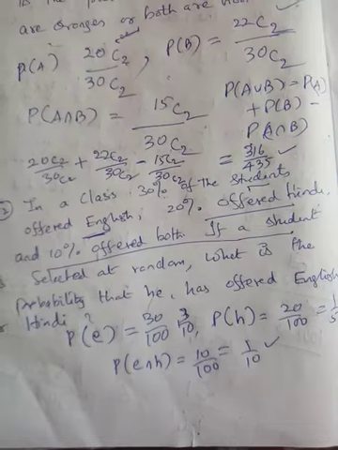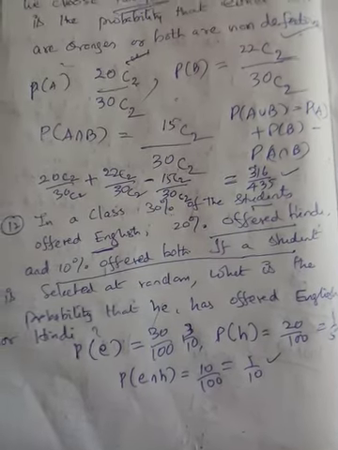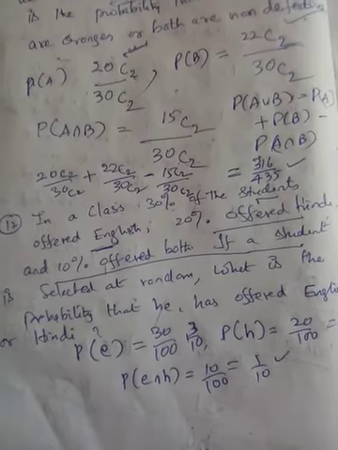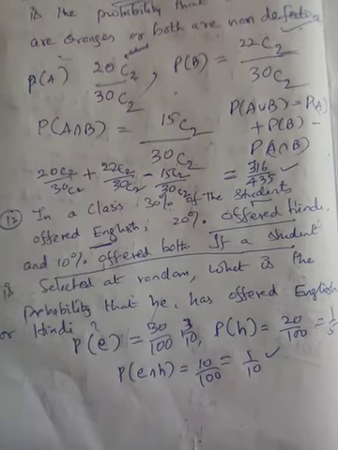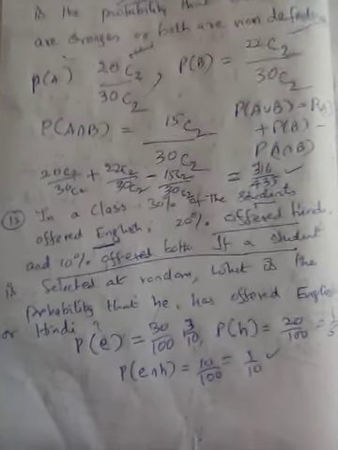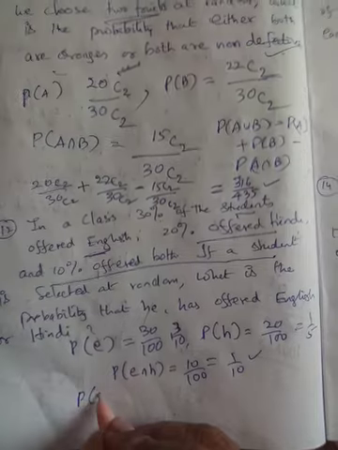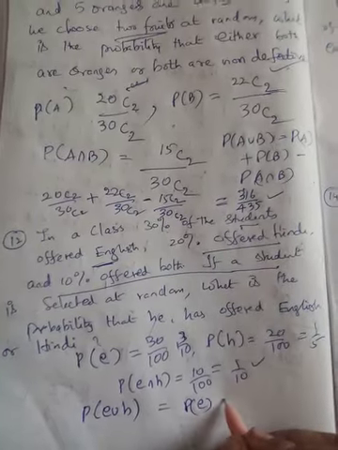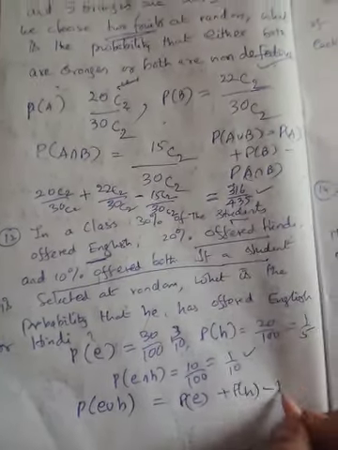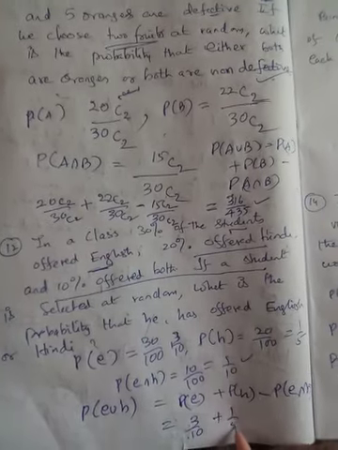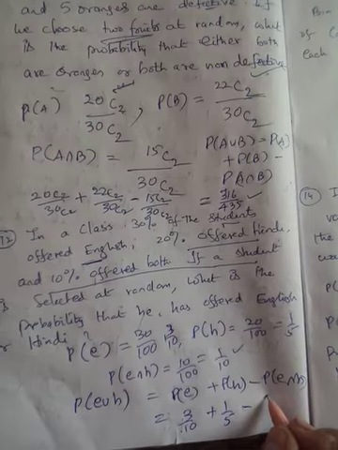Now let me continue. That is nothing but P of E union H, which is P of E plus P of H minus P of E intersection H. That is nothing but 3 by 10 plus 1 by 5 minus 1 by 10.